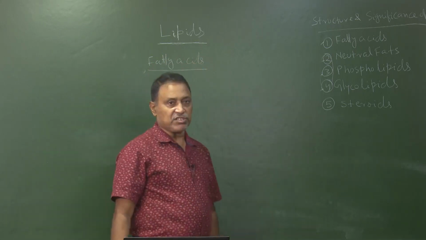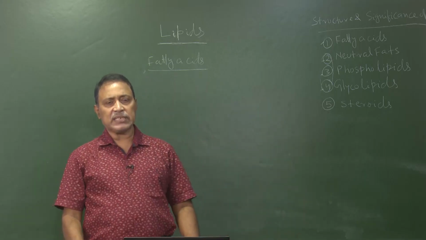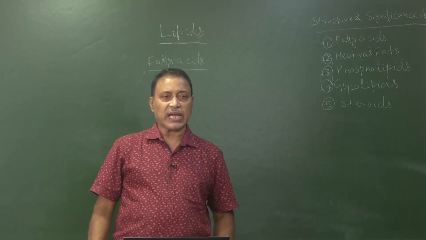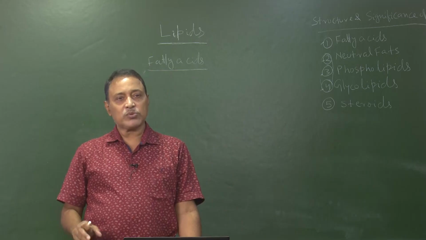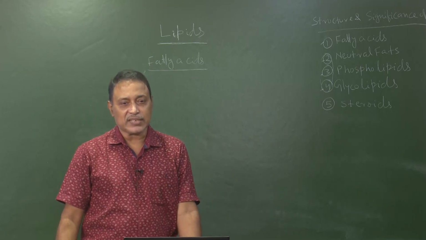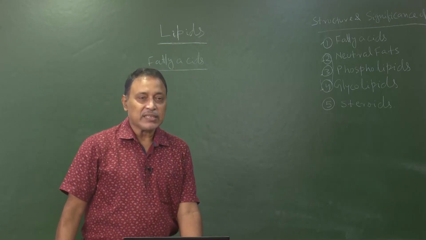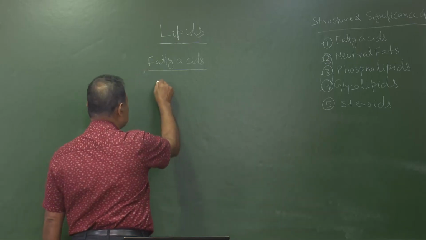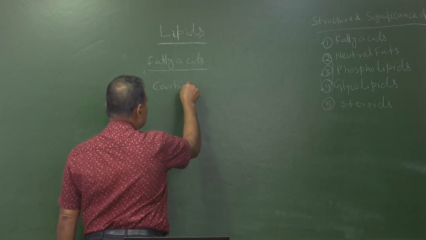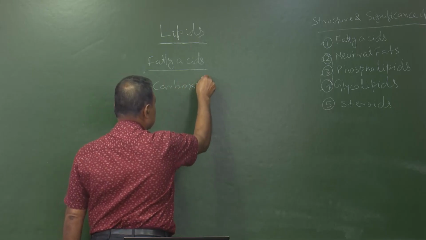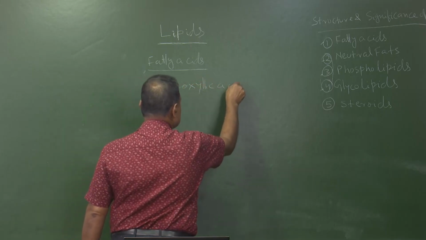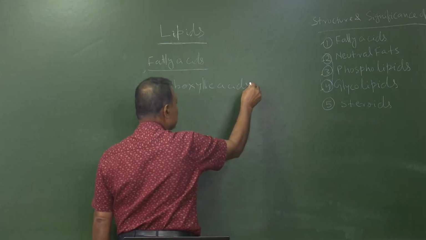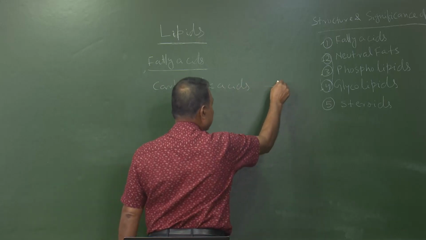The name fatty acid is interesting in the sense that these are the acids which we find in fat. Actually, what are these? These are simple carboxylic acids, but the only thing is that they are carboxylic acids which we find in fats.